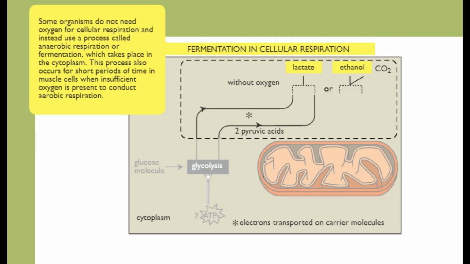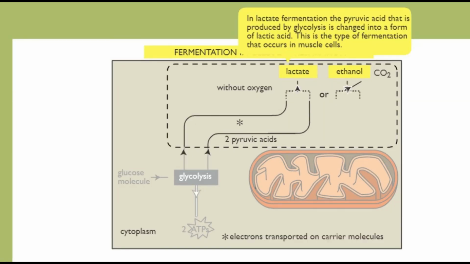This process also occurs for short periods of time in muscle cells when insufficient oxygen is present to conduct aerobic respiration. Now, lactate fermentation: the pyruvic acid that is produced by glycolysis is changed into a form of lactic acid. This is the type of fermentation that occurs in the muscle cells.